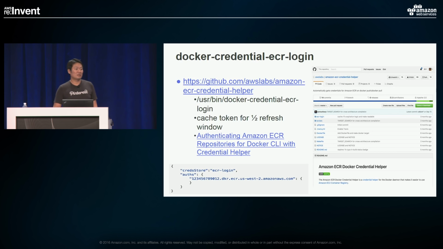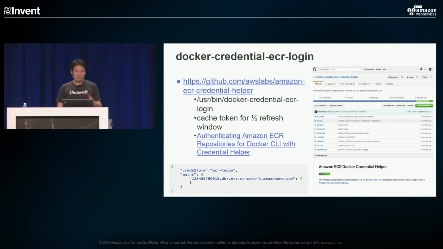But later I found another tool, open sourced by AWS Labs, which is a great tool derived from the Docker credential helper. Basically, it provides binary artifacts to be invoked by the Docker engine ad hoc whenever the Docker engine needs to talk to a private registry.